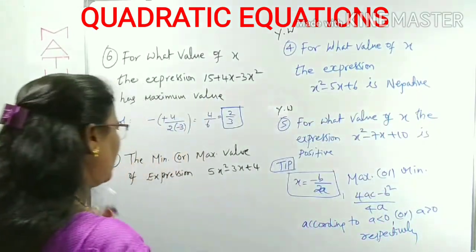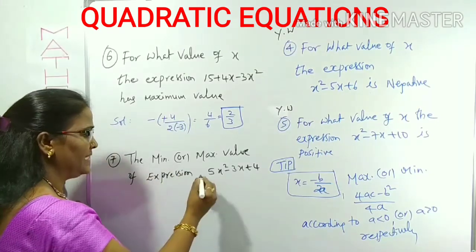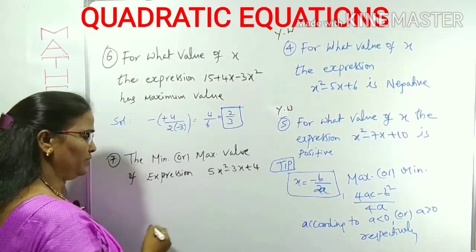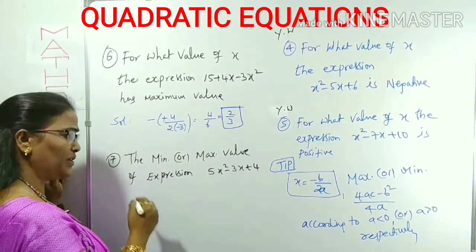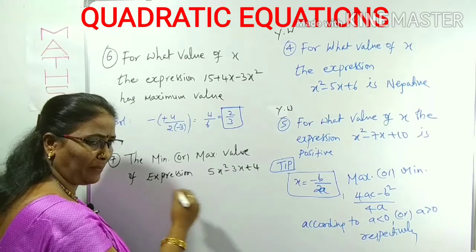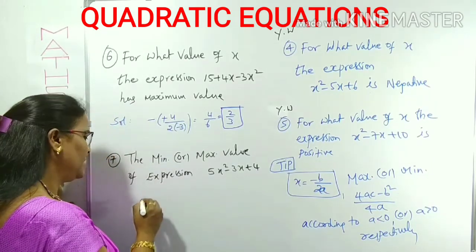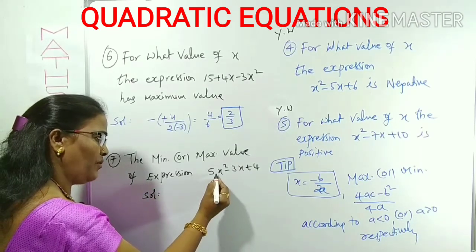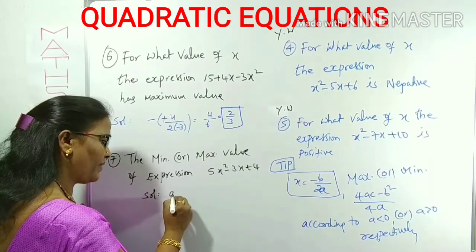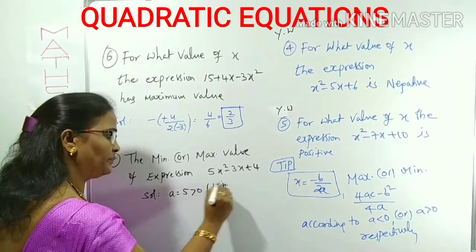Here the minimum or maximum is not mentioned, so you have to recognize it. The formula is the same, but you have to recognize whether it has a minimum or a maximum. We will go through the options: minimum 3, maximum 3, neither minimum nor maximum. In this question, what is a? a is 5, clearly greater than 0, so it has a minimum value.